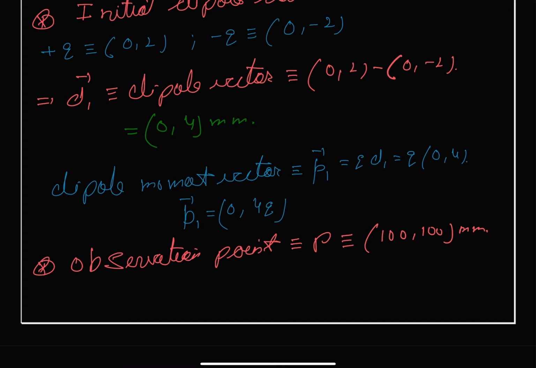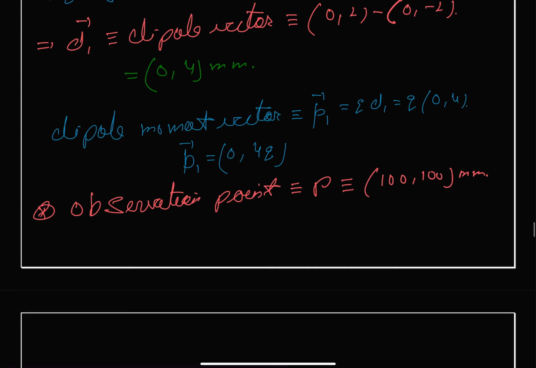Because it is with respect to the origin, we can say the position vector R will be (100, 100) millimeter.